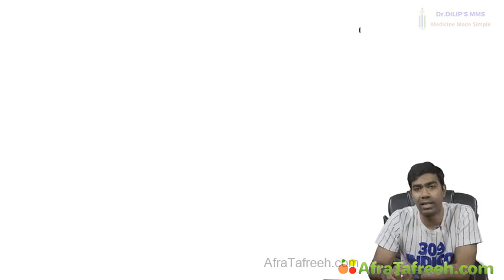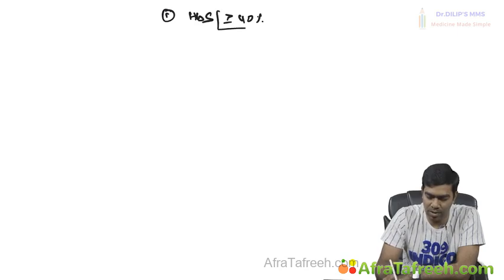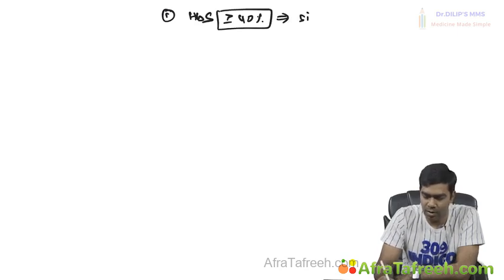So if they sickle, what is the problem, and what are the important points on sickling, and how much HbS inside the RBC is needed to produce sickling? If they ask you, if the amount of hemoglobin S exceeds 60%, then only you can produce sickling. This is one of the important rules on sickling.